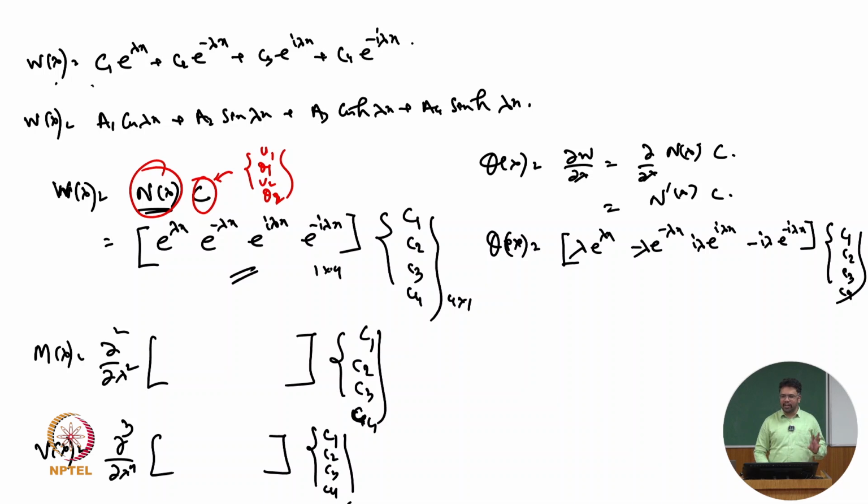But once it is C, it is not exactly the shape function. Got that point? There is another difference: this e to the power of lambda x function, if you see, is an exact function.